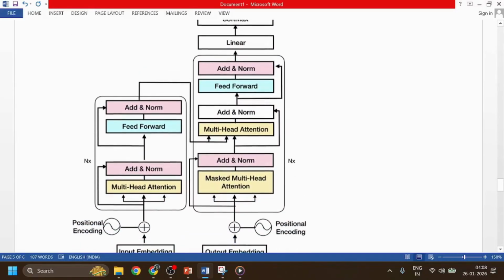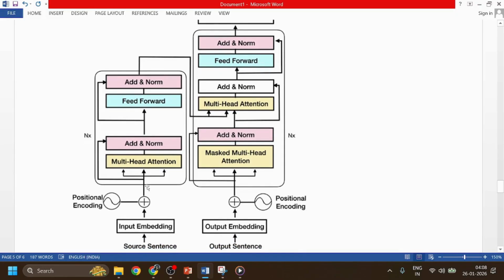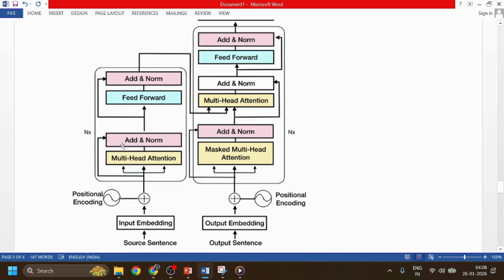Now the output of one encoder layer becomes the input to the next encoder layer. After passing through all encoder layers, we get a context aware representation of the input sentence. This representation is later used by the decoder to generate the output.